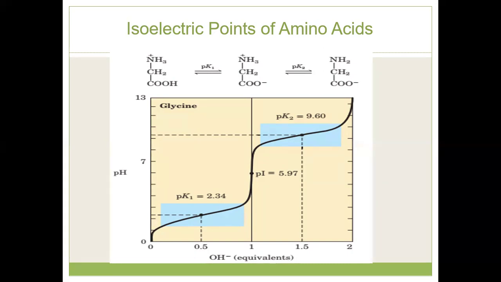At that pH, the carboxyl group will have a negative charge, and the amino group will have a positive charge. That pH is called the isoelectric pH. And at the isoelectric pH, the amino acid is neutral.